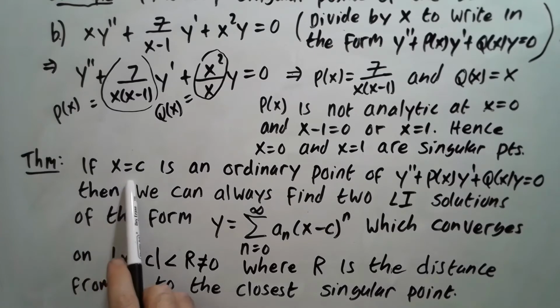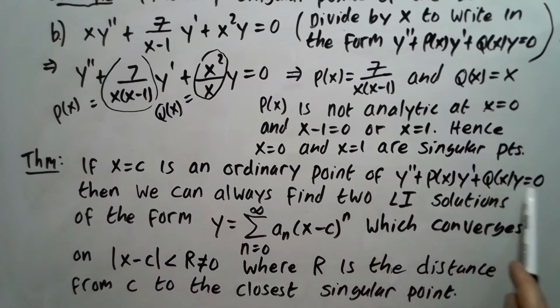It says if x equals c is an ordinary point of the differential equation, then we can always find two linearly independent solutions of the form, so pretty much power series centered at c, which converge on some interval around c, where the distance between c, the center, and the radius is the closest singular point. So the radius of convergence would be the distance to the closest singular point to c.